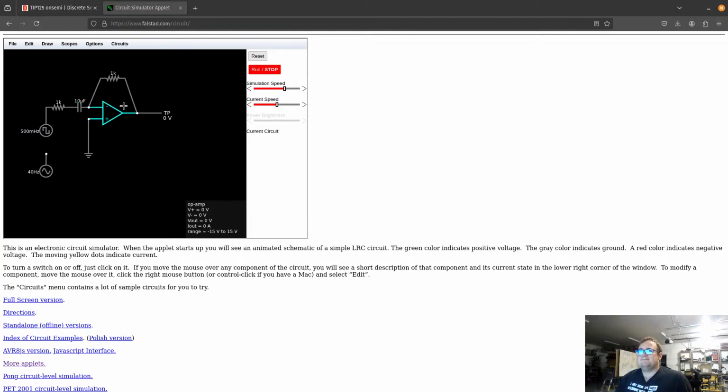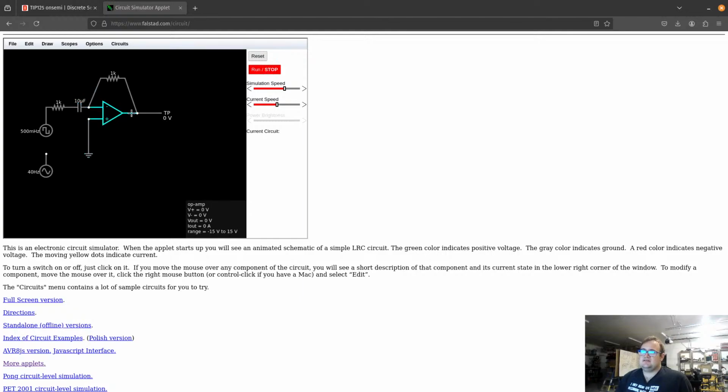And as it is getting charged, it's going to try applying a negative voltage to try and offset it. So let's see if that's what happens.